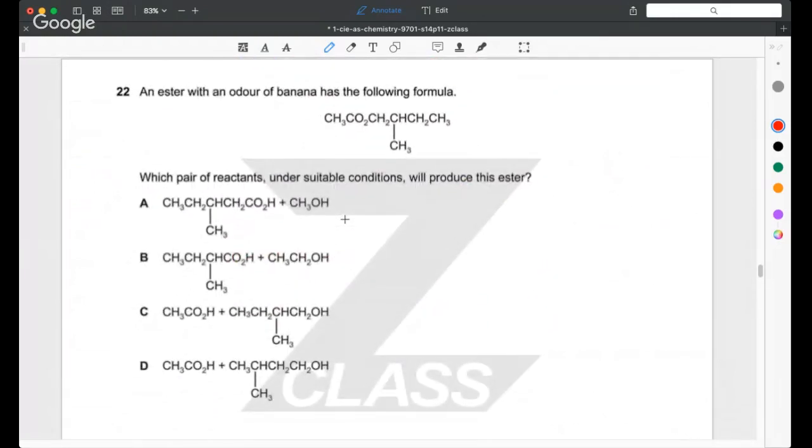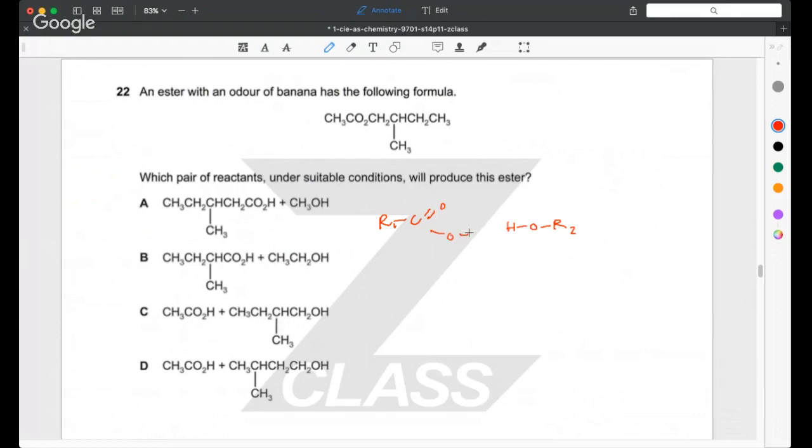Okay, looking at an ester here. And an ester, of course, is a reaction between a carboxylic acid, we'll draw it like that, and an alcohol. I've just drawn R1 and R2, those are carbon chains. And let me just draw all the bonds in there.